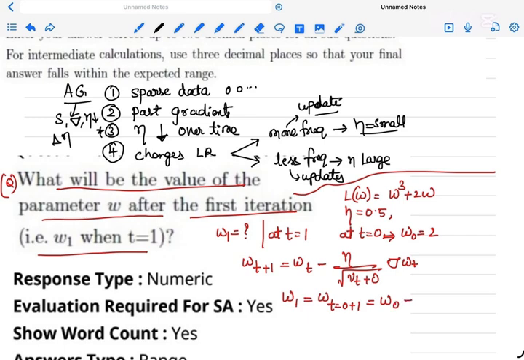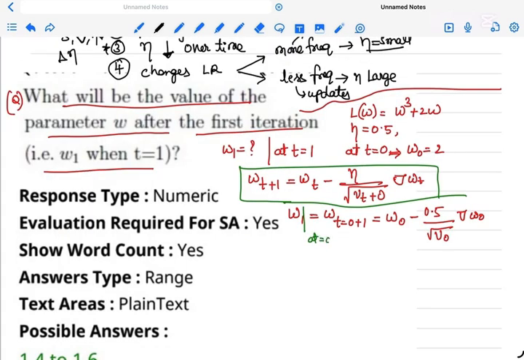W naught minus eta, 0.5, divided by square root of V naught, times delta W naught. Here t equals 0, W naught equals 2. That is 2 minus 0.5 by square root of V naught times delta W naught.